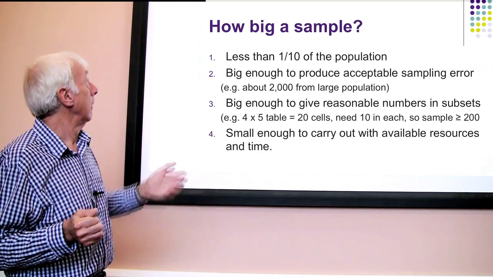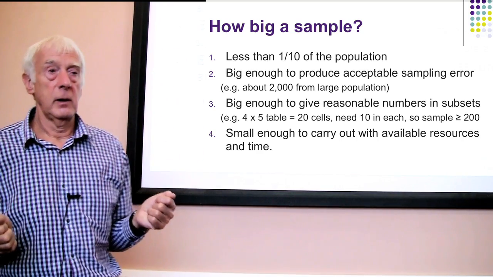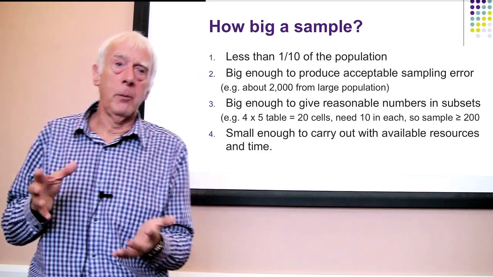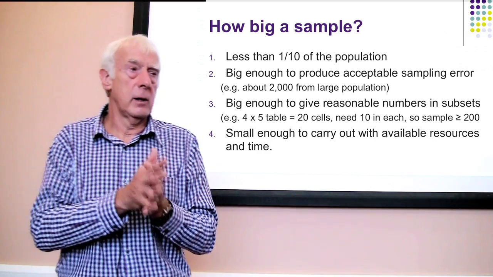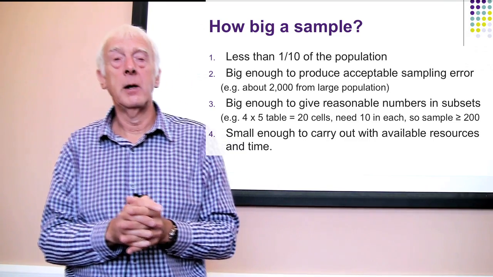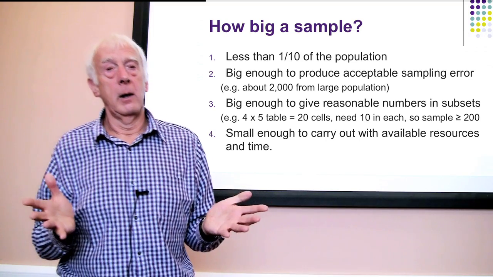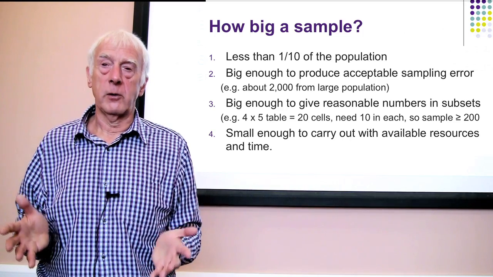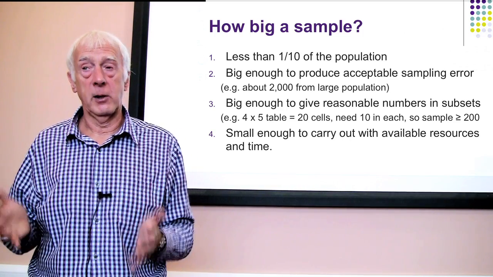Generally speaking, about 2,000 from a large population tends to be acceptable. In other words, the sampling error is low enough, usually in the few percent area, that we don't worry too much about it. And we've got enough people in the sample to get reasonably reliable results, provided we've done the sampling strategy properly.